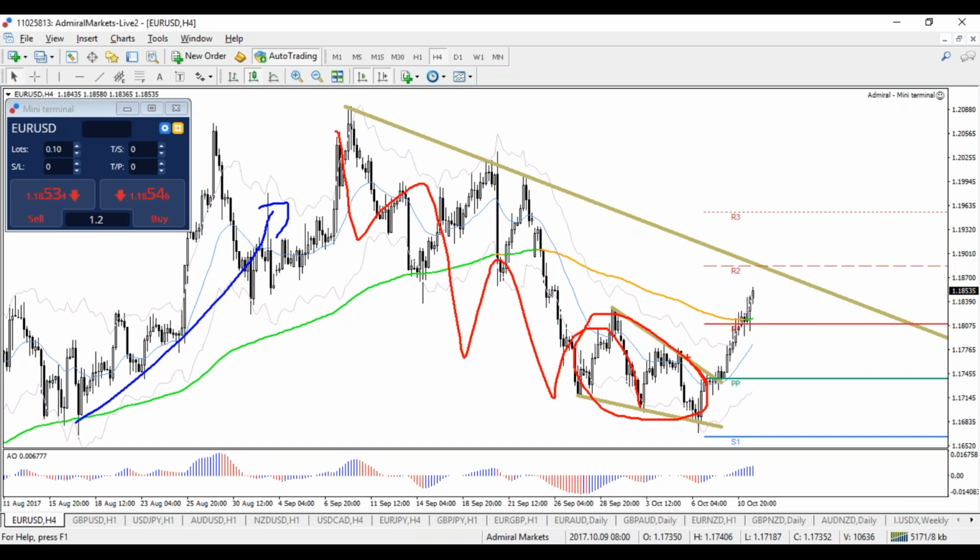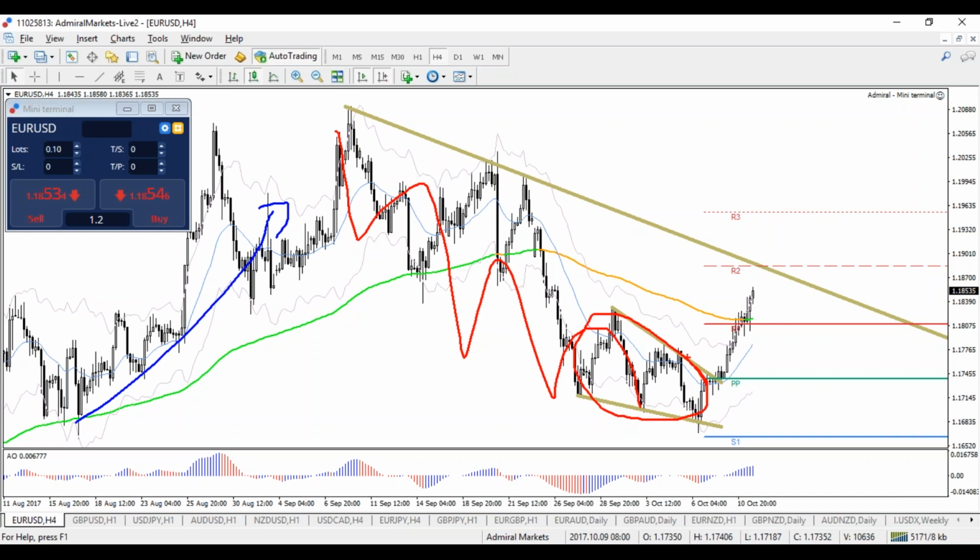So that falling wedge is a reversal pattern. And if the resistance of this particular pattern is broken, then that would indicate that the bullish reversal is possibly happening, right? It's not a guarantee, but there's a decent chance for that.